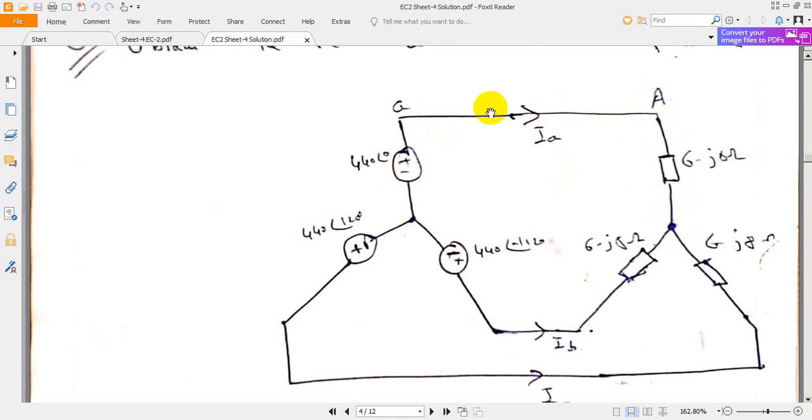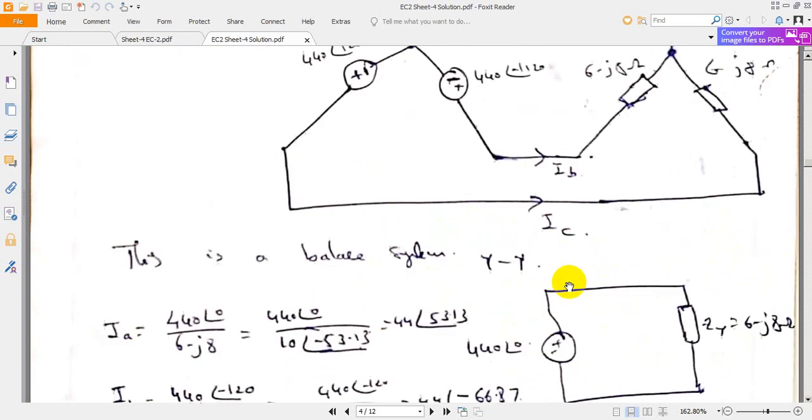If you want this current, voltage divided by the impedance, this value divided by this. If you want this current IC, voltage across this is plus 120 divided by this impedance.